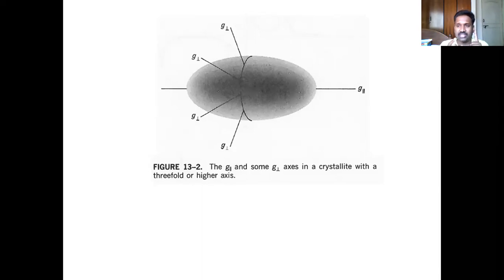But when the molecule is in rapid motion, for example in the gaseous state, let us assume it has any orientation possible. Because of random motion, all orientations become equally probable. In such case, again isotropy comes into picture.